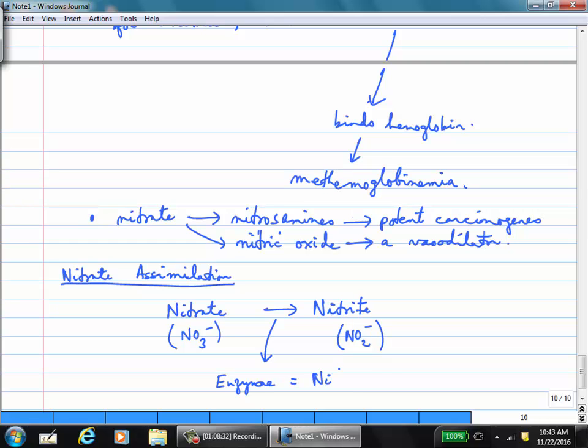See, ultimately, you have to get the nitrogen into an amino acid form. So it is going to get reduced from nitrate to nitrite. Then from nitrite, it is going to get reduced to ammonium. And even ammonium cannot stay there because it's going to mess up the cell membranes. So it has to get converted to amino acid.